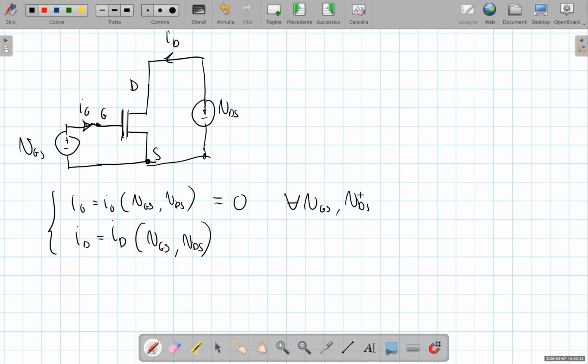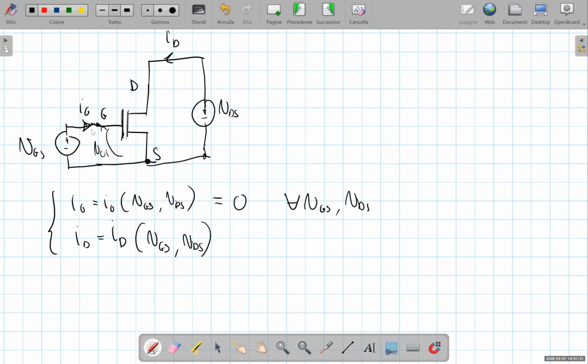And this is very good news, because it means that in order to drive this control port of the transistor, we do not need to supply any current. Supplying current means to dissipate power, so it means that we can keep the voltage of this terminal at the value we want without supplying or sourcing any current in static condition.